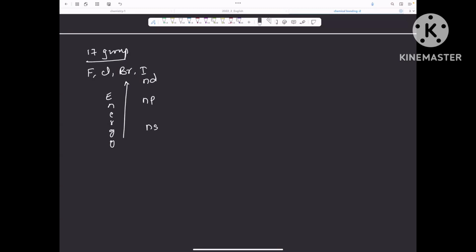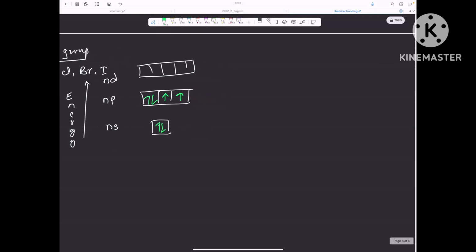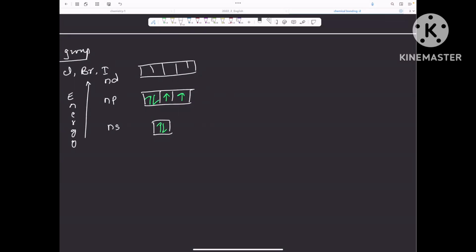So ns, np, 3, nd. Its electronic configuration is ns2, np5.